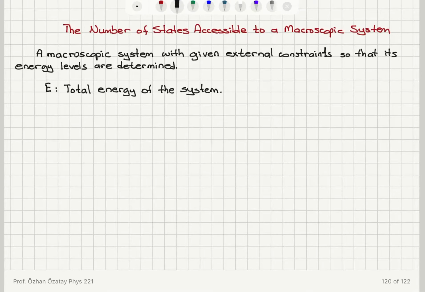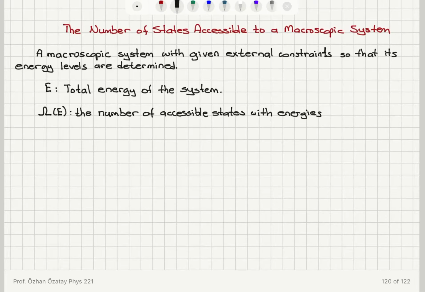And next we have omega as a function of E. This is the number of accessible states which correspond to a total energy for the system in the range E to E plus delta E, where delta E is a macroscopically small energy interval, but microscopically large energy interval.